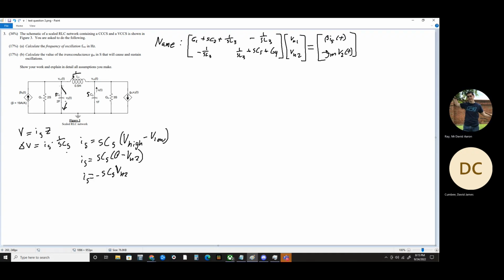Therefore Vc2 is equal to 0 minus Vn1, which is going to be negative Vn1.